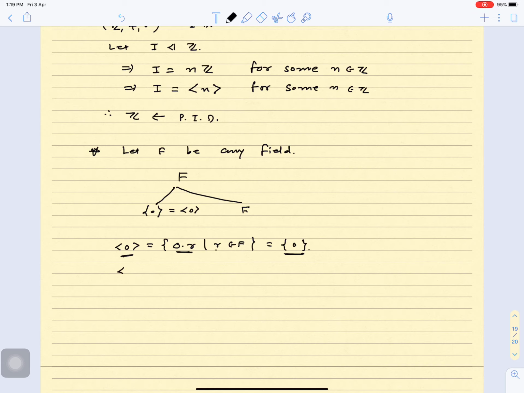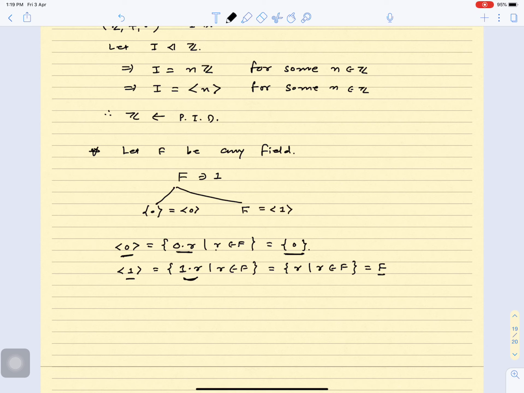Now you consider the ideal generated by 1, and we know that F is a field, so it contains unity 1. Then the ideal generated by 1 will be 1 times r, where r belongs to F. 1 times r is r, where r belongs to F. If you consider all r such that r is in F, it is simply F. So F is the ideal generated by 1.